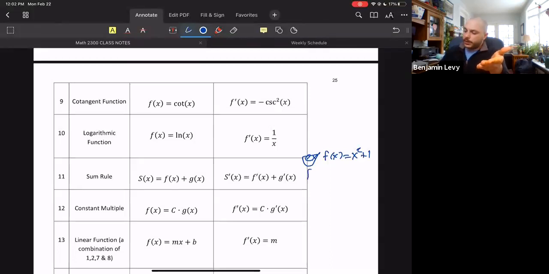If you want to do the derivative, and let me remind you of this notation, if you want to take the derivative of the function, you just take the derivative of each of those pieces. And when we take the derivative, we get f prime.